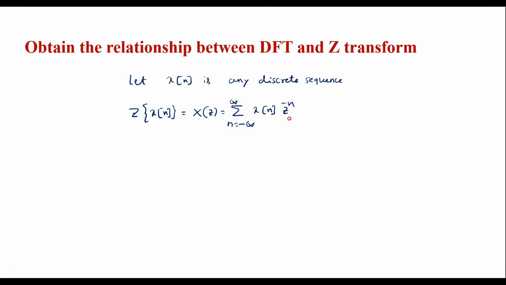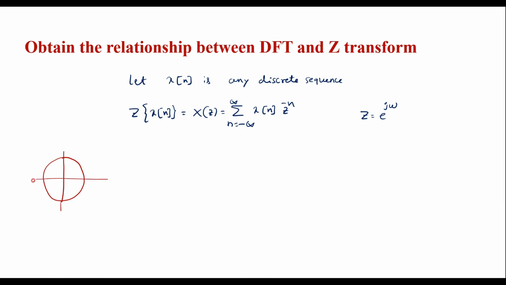So now here we know that Z is nothing but a complex plane, which is equal to e power j omega. That is, we know that in Z transform, the Z plane is an imaginary plane. It consists of a circle of unit radius.